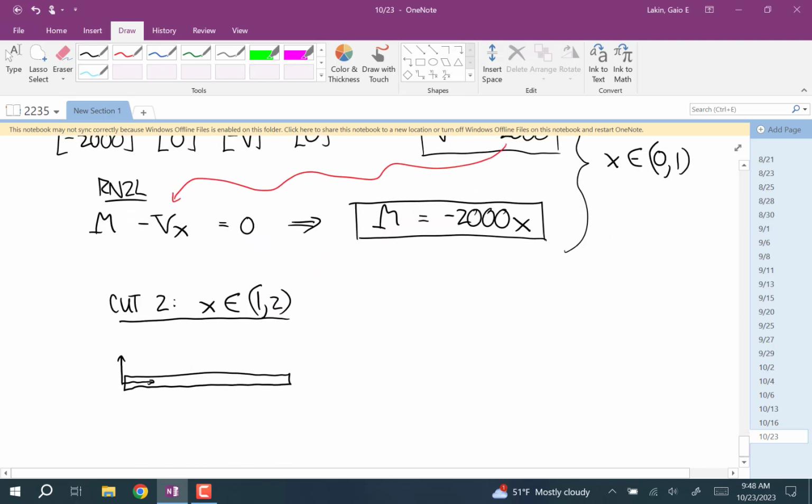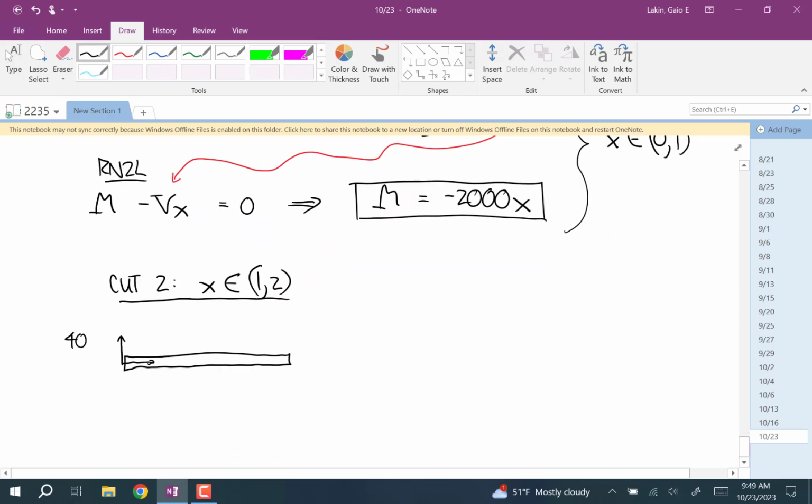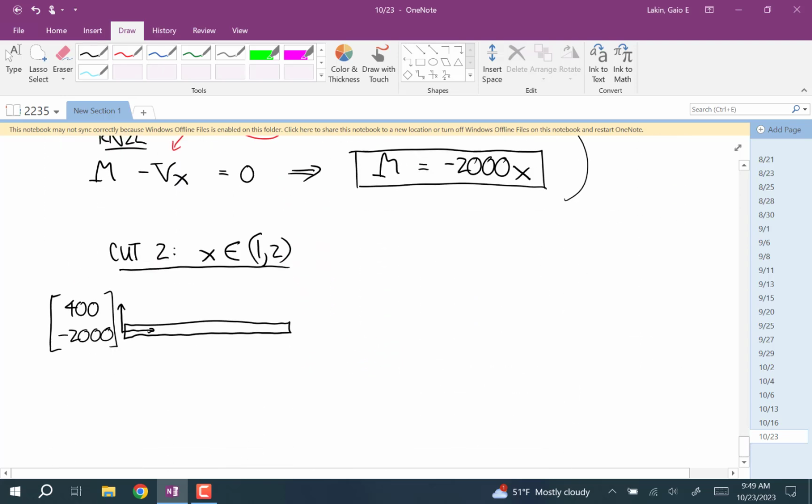So we have 400, negative 2,000. At the midpoint of the whole beam, we have 4,000. Notice that's not the midpoint of our piece. That's the midpoint of the whole beam.